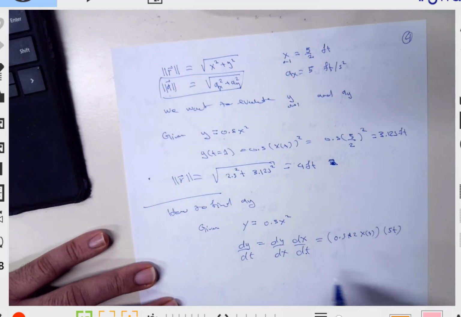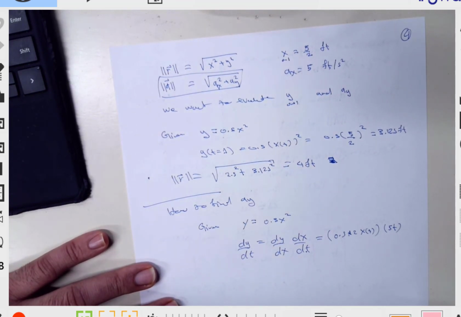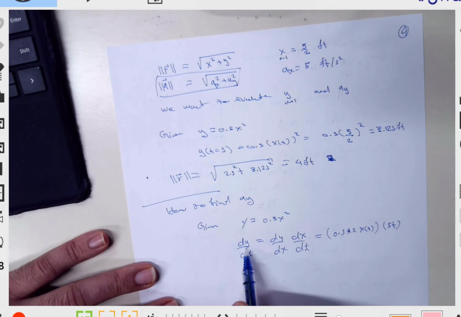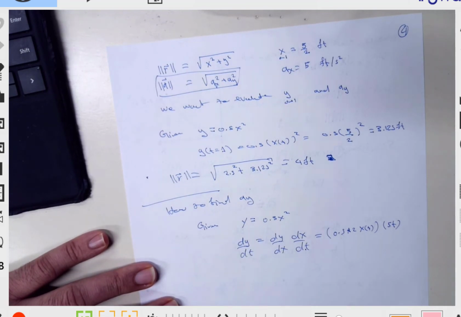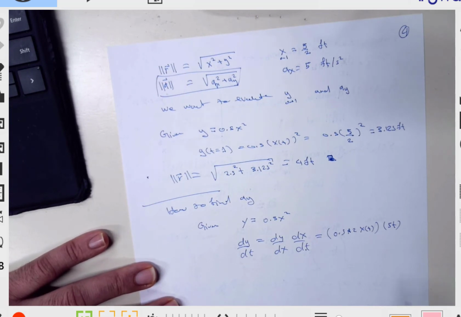Now if we want to evaluate the displacement in y at this time, I need to know the value. I can substitute 1 here, and I can substitute the value of the position in x at 1, which we already calculated, right?